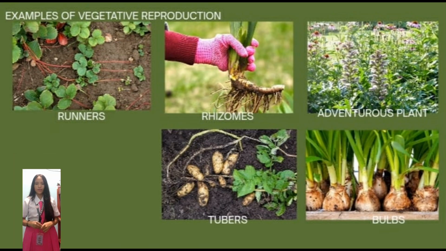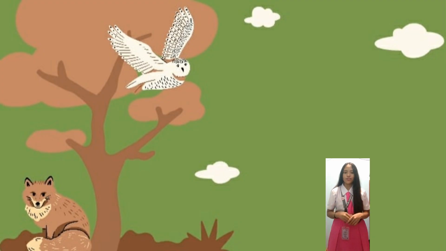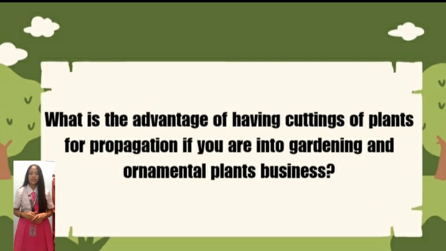Okay. So, any questions or clarifications about my discussion? None. So, I have a question for you. What is the advantage of using cuttings for propagation if you are into gardening and ornamental plants business?